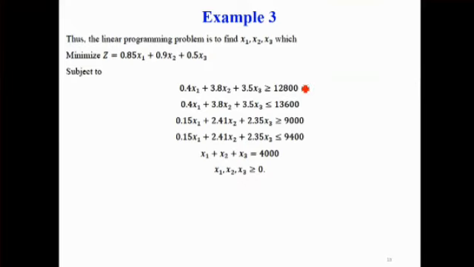So this is the final form. You see how nice it looks. From the complicated paragraph we derived this objective function, and these are the constraints. x1, x2, x3 are the decision variables, you can say.